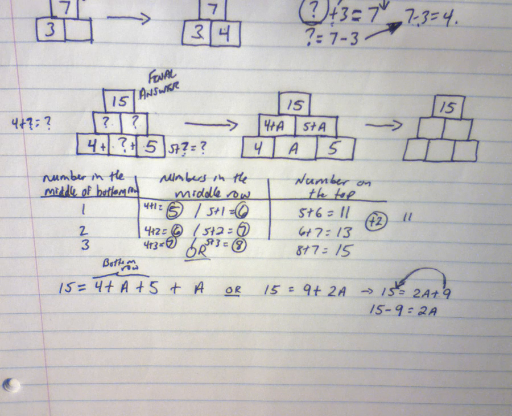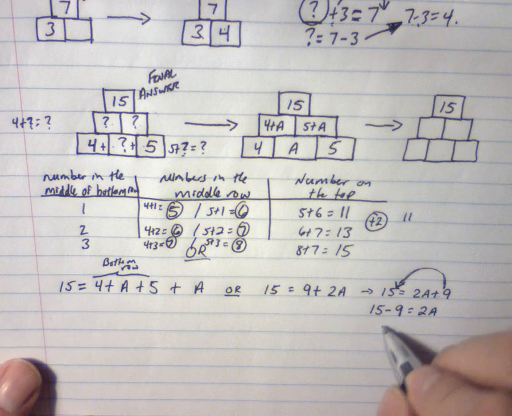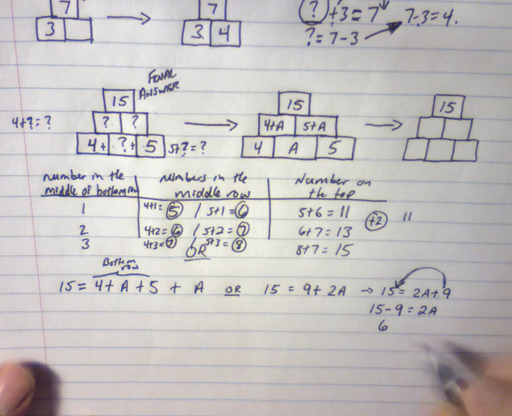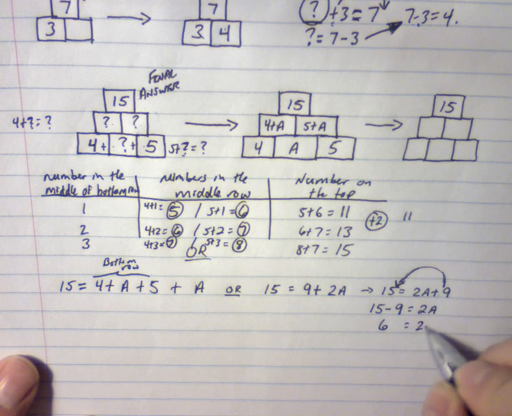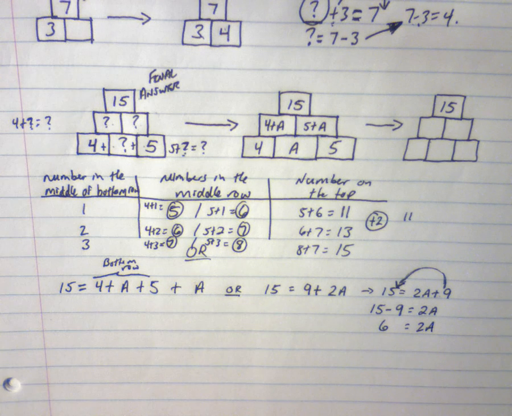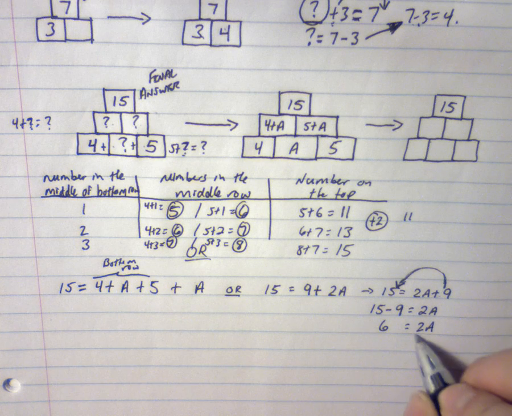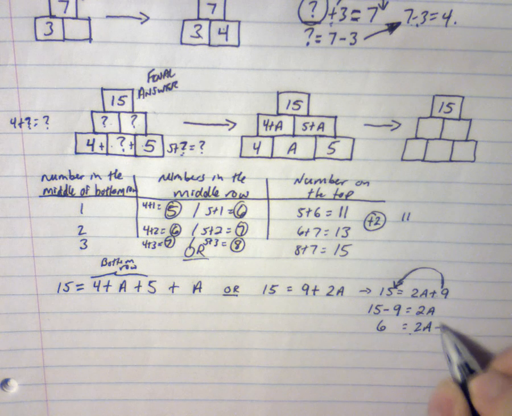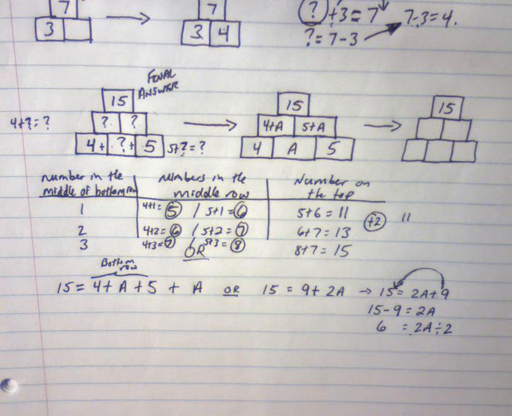Well, what's 15 minus 9? So 15 minus 9 equals 6, right? Which still equals 2A. Now, here's the issue. We want to get A so that it's just by itself, so that it's just 1A. Well, if we know anything about division, if we divide a number by itself, so for instance, we're going to divide 2A divided by 2.